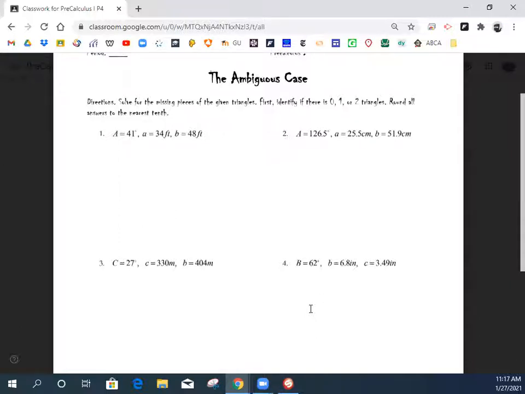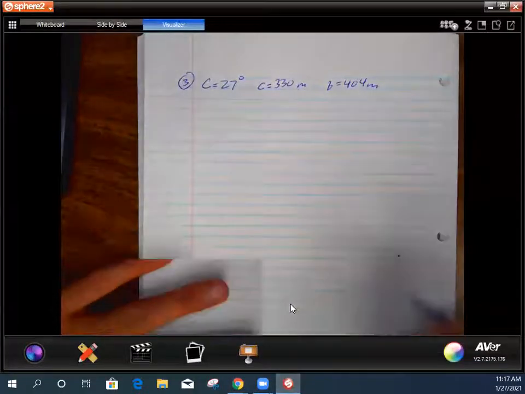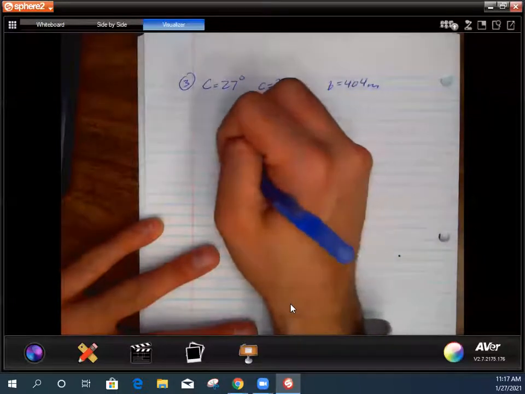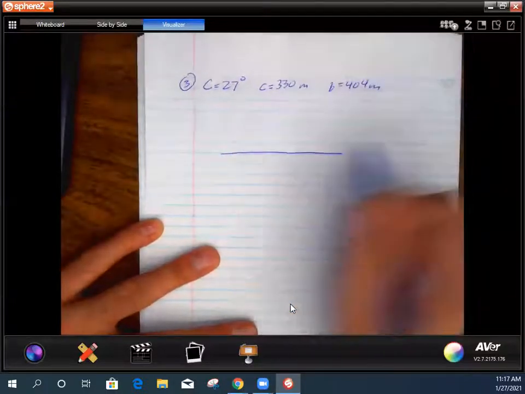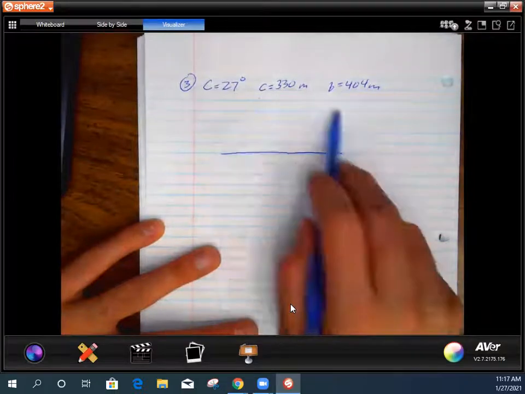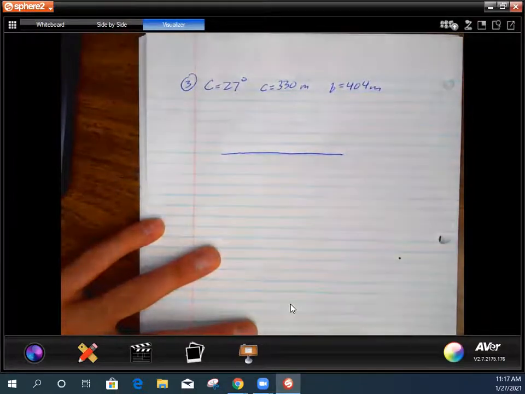All right, so we get that angle C is 27 degrees. Side C is 330 meters, and side B is 404 meters. So when I draw that picture, I'm going to draw it with the side that I don't know, so this would be side A, because I know C and B, parallel to the bottom of the page.